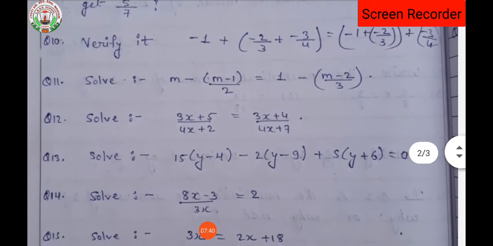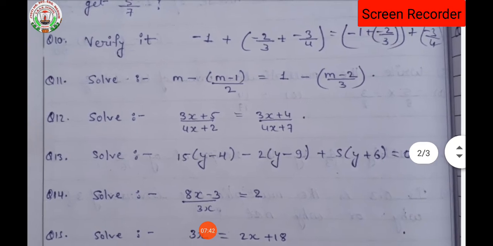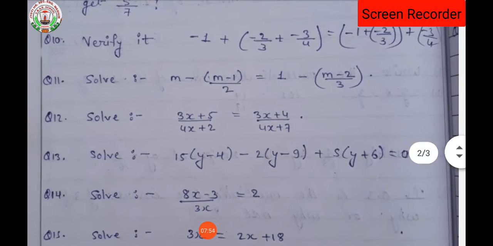Now here chapter number 2 starts. This question we did yesterday in the previous video, so solve it. Questions number 1 and 2 are just solve parts we did in yesterday's video, isn't it? So try to do them. Now in question number 12, it will be cross multiplied. 3x plus 5 will be multiplied with 4x plus 7, and 3x plus 4 will be multiplied with 4x plus 2.